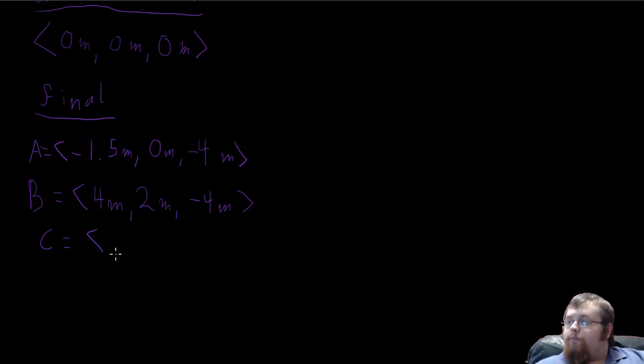Okay. So then next we have B. And this is going to equal, we go 4 meters in the X direction. We end up going up 2 meters in the Y direction. And the same -4 meters in the Z direction. And lastly, C travels nothing in the X direction.